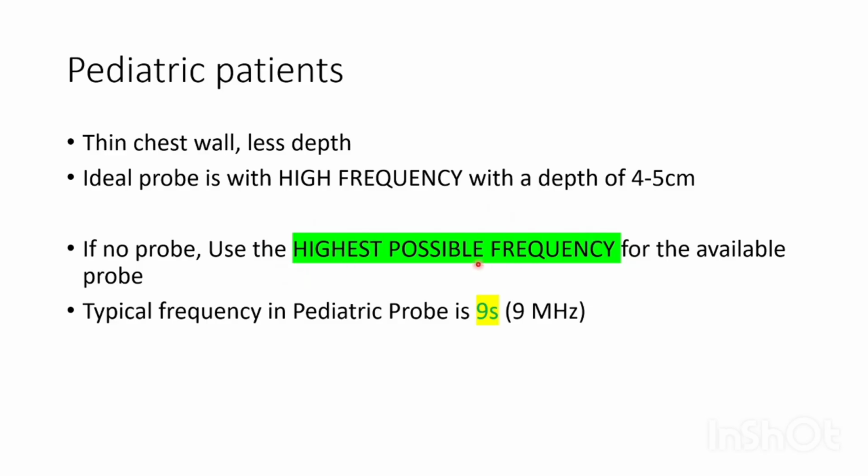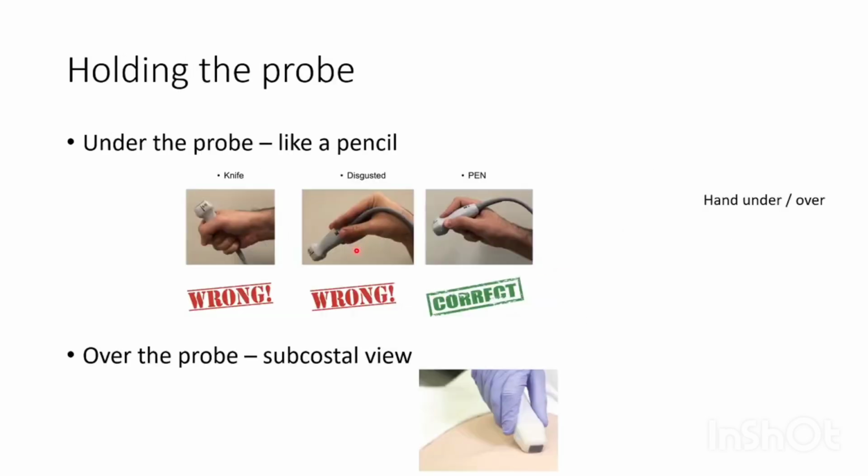You can change the frequency on the echo machine to higher for the available adult probe you have with you, and then you can do it on pediatric patients. The typical frequency required is 9 megahertz, while adult is up to 5 megahertz. In this situation we can try, but still the image may not be that good.